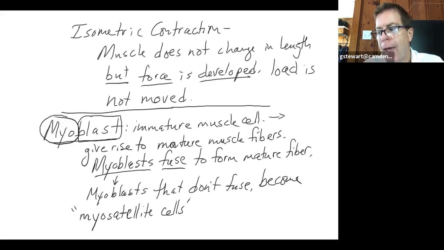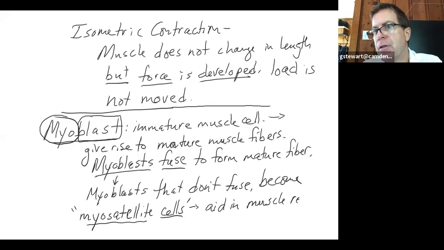That's supposed to be satellite, myosatellite cells. And these cells specifically aid in muscle repair after damage.